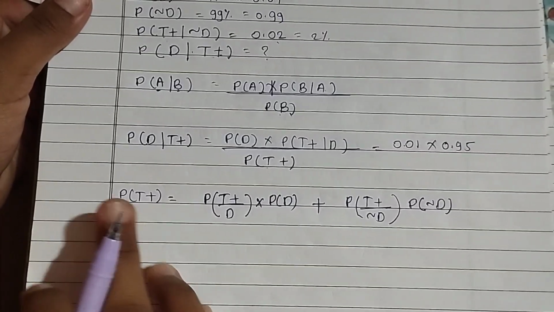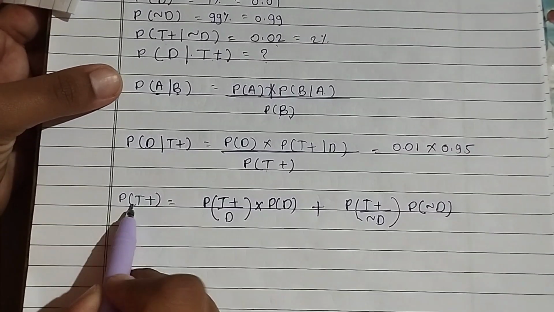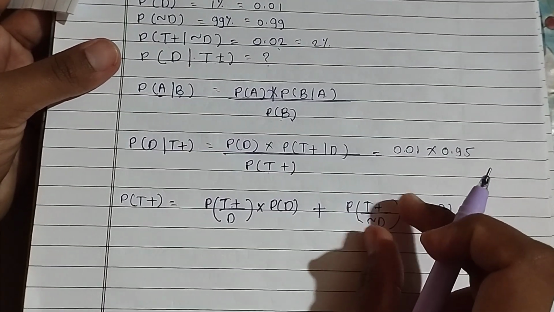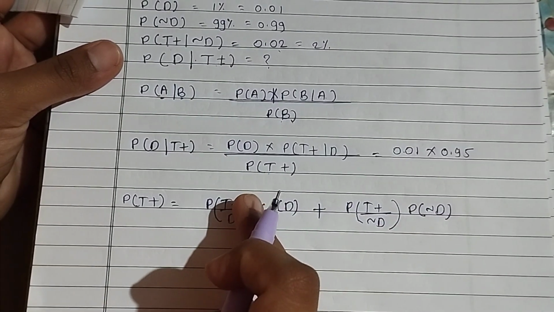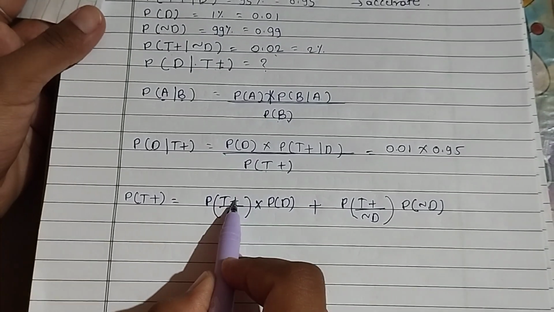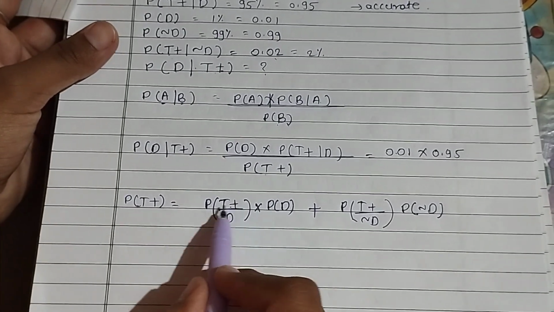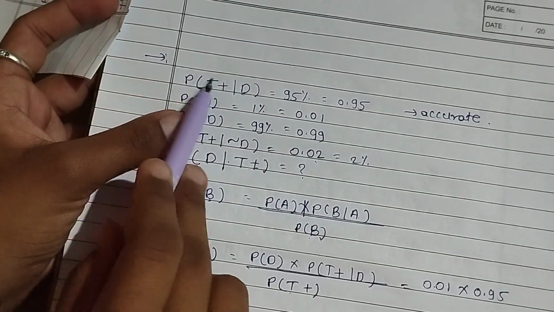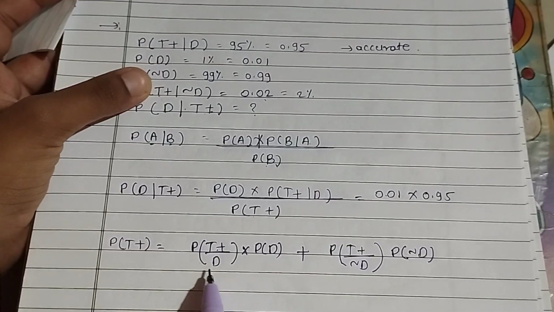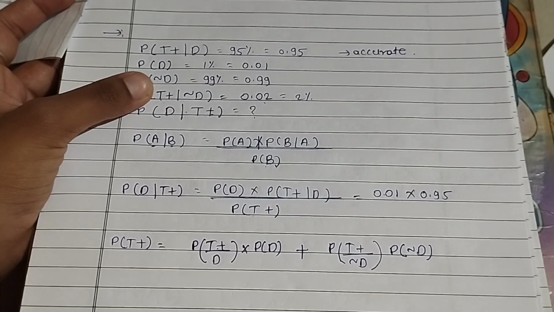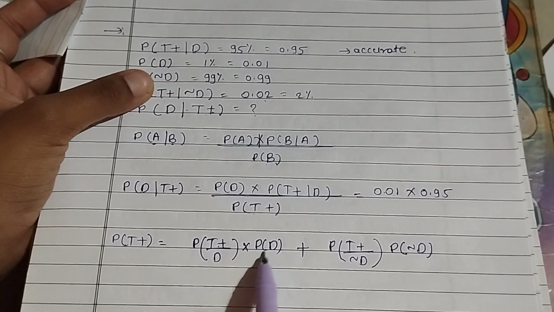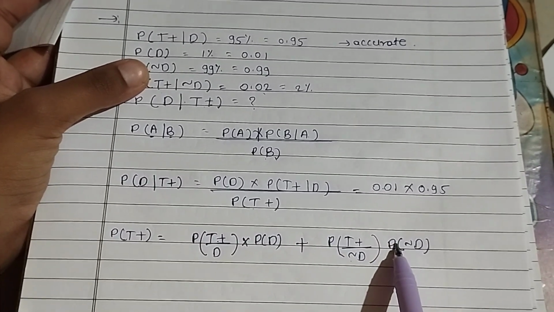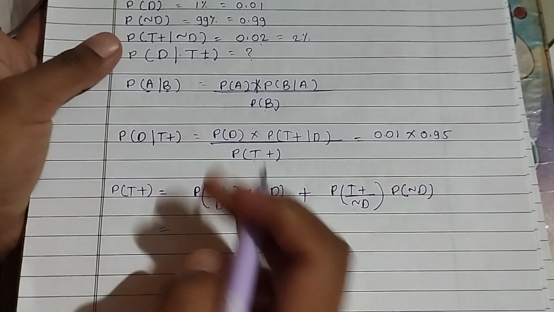So the probability of T plus is nothing but this: T plus is present in the numerator of both terms. I write it as it is, and for each term with respect to T plus, write the probabilities: D with probability of D, negation D with probability of negation D, and put in all the values already present.